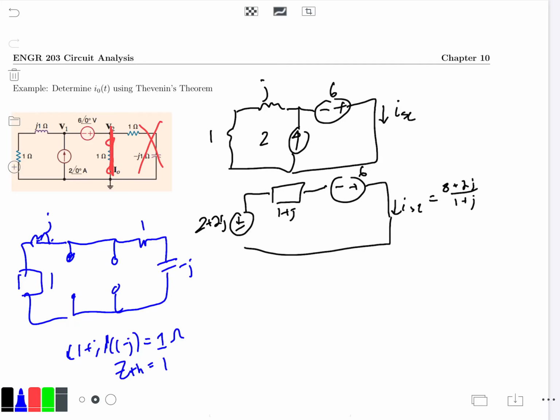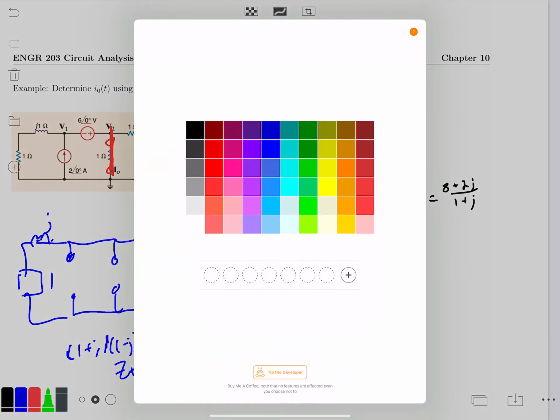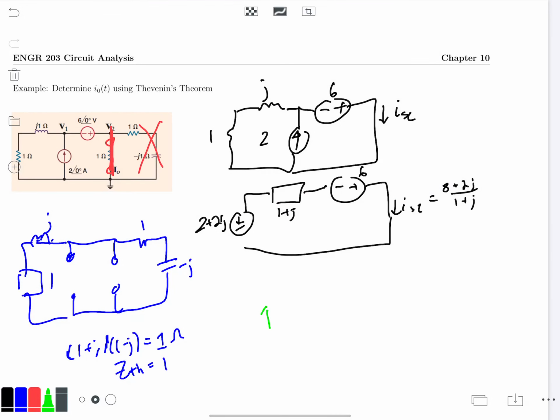Once I've got my equivalent there, then I can draw my Thevenin equivalent circuit, which is going to be a current source of my ISC, 8 plus 2J over 1 plus J. I have my Z Thevenin, which is 1.